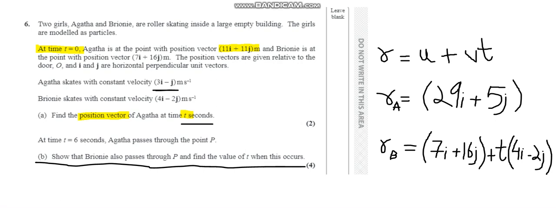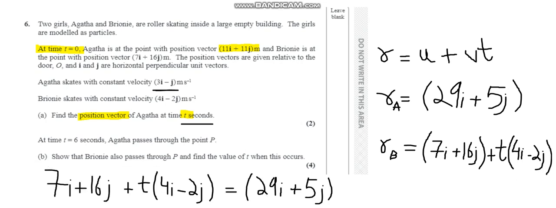So you have to find this t value when Brioni also passes at the point P, where Agatha passed, which is 29i plus 5j. So we'll set this equation equal to 29i plus 5j, the position vector of B equal to the position vector of A at point P.